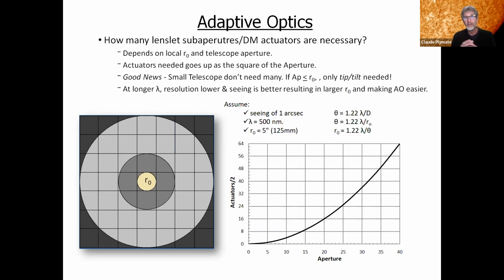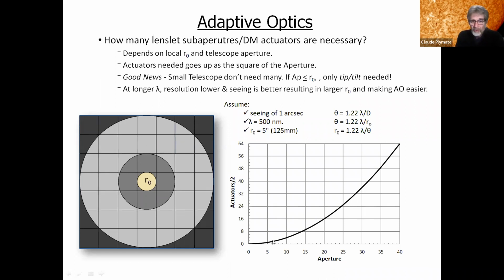Keep in mind, of course, the R naught can change and will change moment to moment. So when we talk about R naught, that's usually an average for the site. Now, of course, the good news is small telescopes don't need very many subapertures. And as I said, if you're at or below the R naught, you don't need any. Also, at longer wavelengths, the resolving power of your telescope goes down, and seeing is actually better, which results in a larger R naught, meaning you need fewer subapertures, fewer actuators, all that sort of thing.